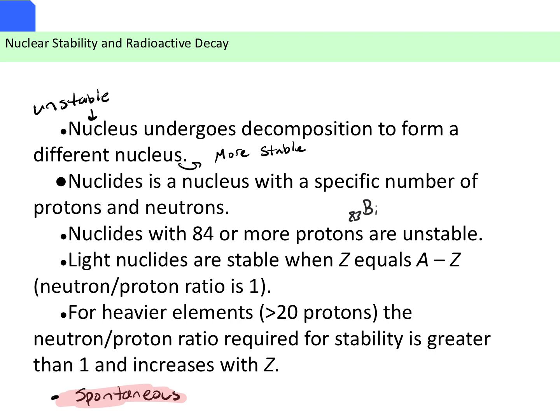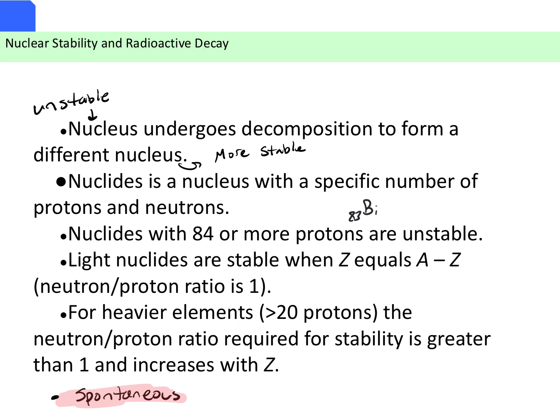We'll talk more about how and why that happens in a little bit. We've also noticed that when the protons and the neutrons are equal to each other, in other words, the neutron to proton ratio is equal to 1, these tend to be stable nuclei. But if that is not true, then it's an unstable nucleus and likely going to radioactively decay in one form or another.